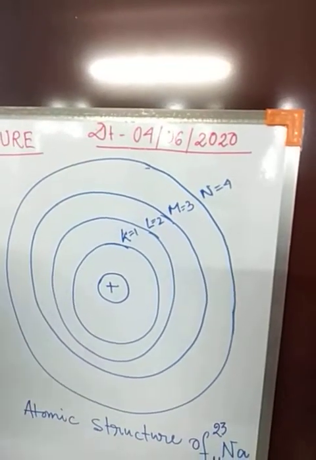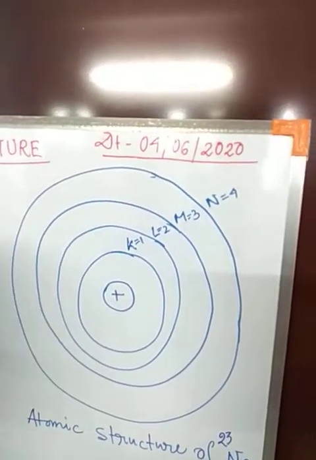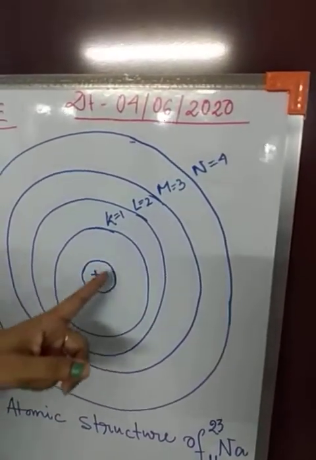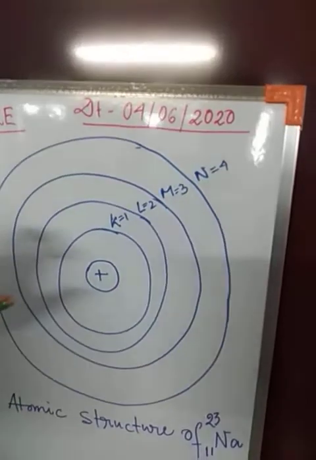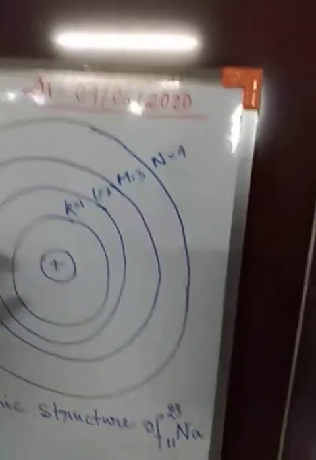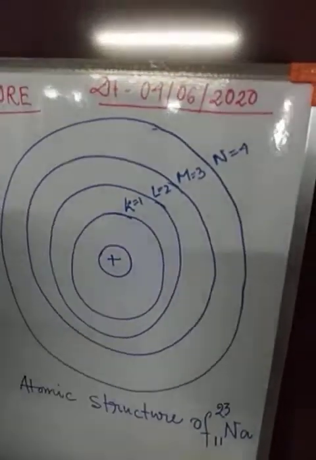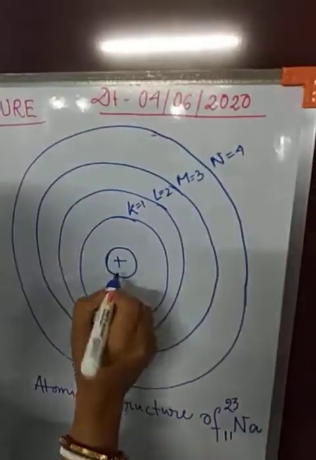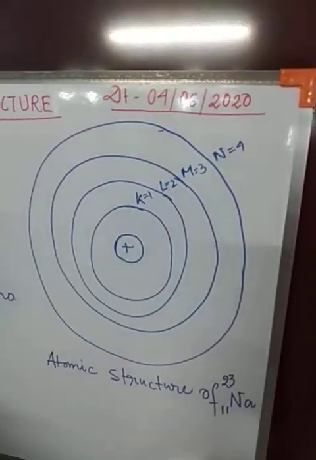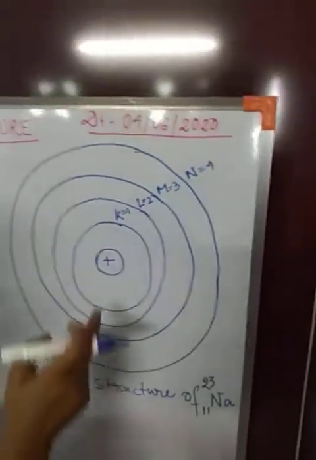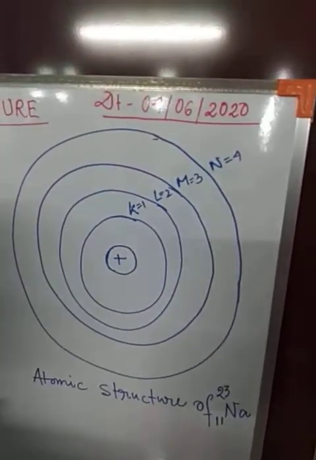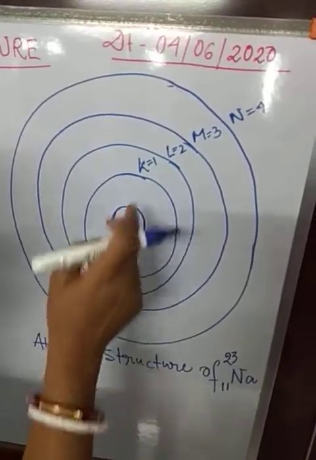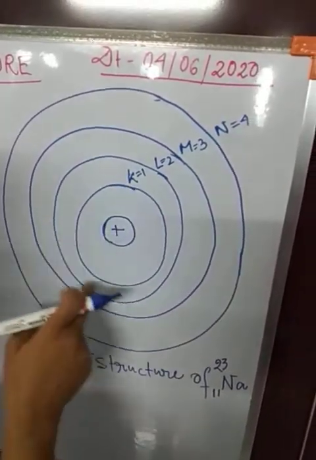So the total mass of the atom is concentrated in the center, which is called the nucleus, and protons and neutrons together are called nucleons. Now electrons will reside in the shells.